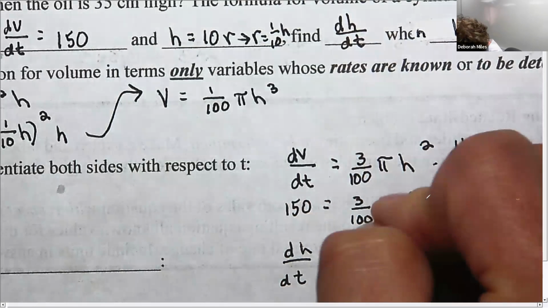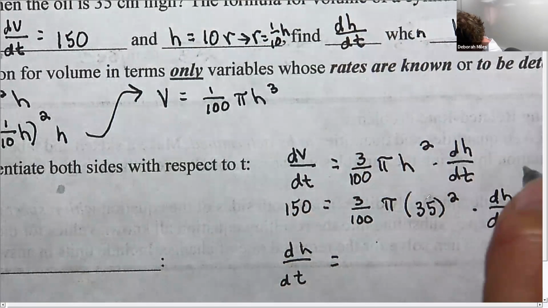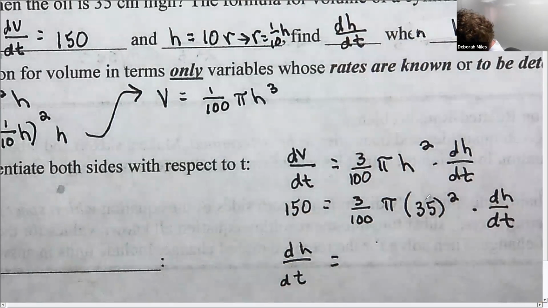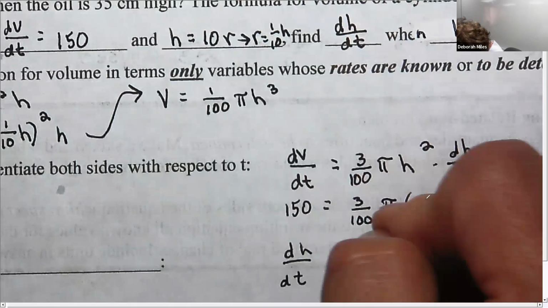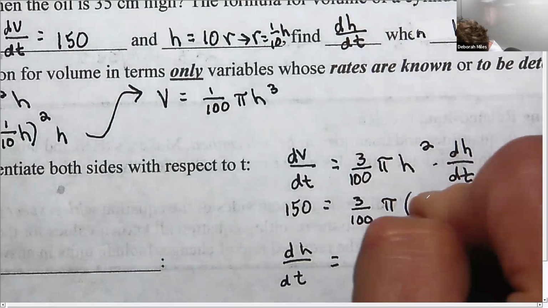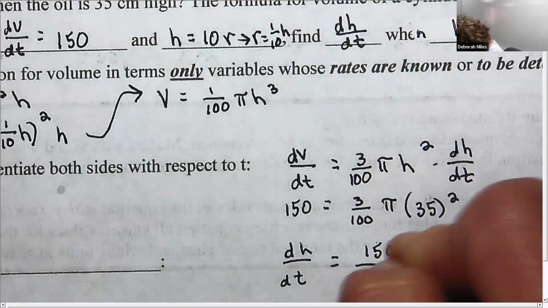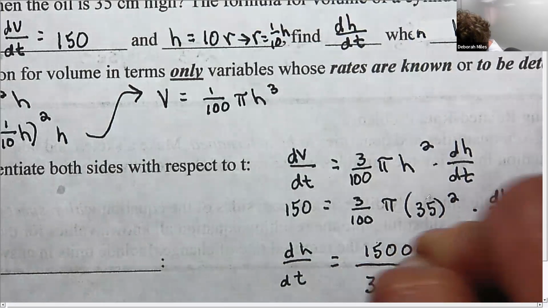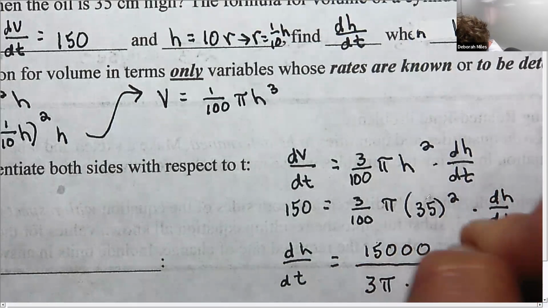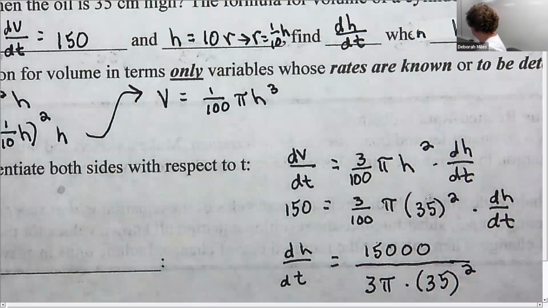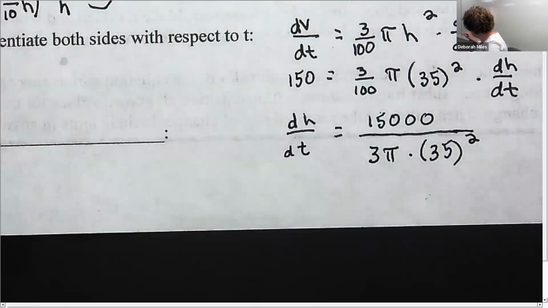I think I'd multiply both sides by 100 to clear out the fractions, and then divide by the 3 and the pi and the 35 squared. Cleared out fractions and then divided by all the stuff that was with the dH over dt.